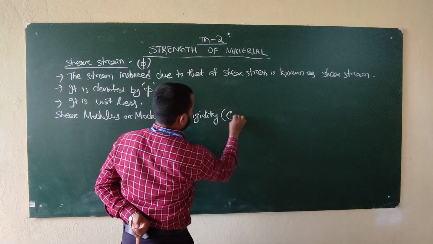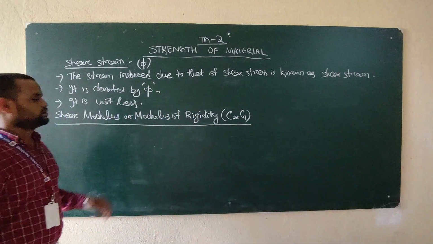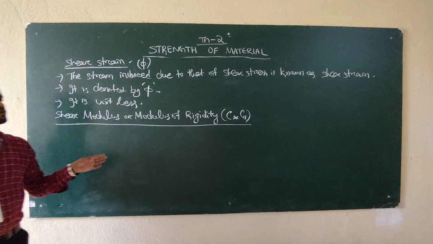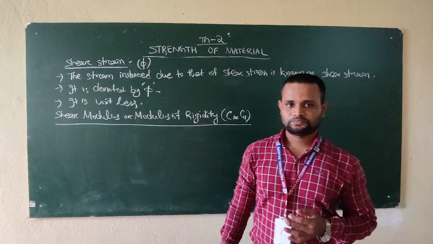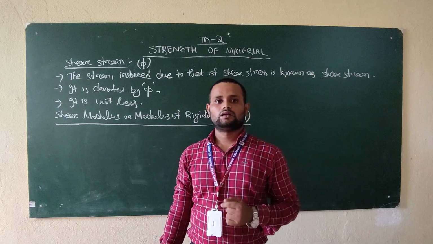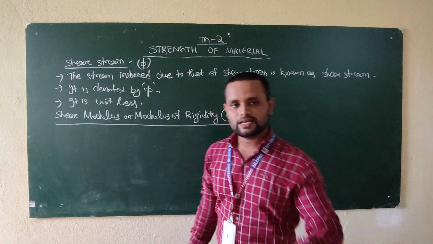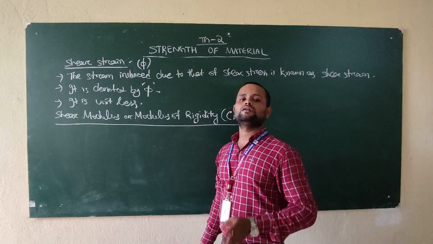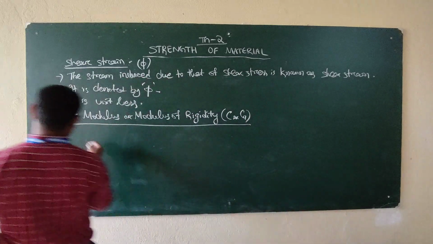Symbol C, or you can write G. What is the definition? It has been experimentally found that within its elastic limit, the shear stress is directly proportional to the shear strain. This is shear modulus.